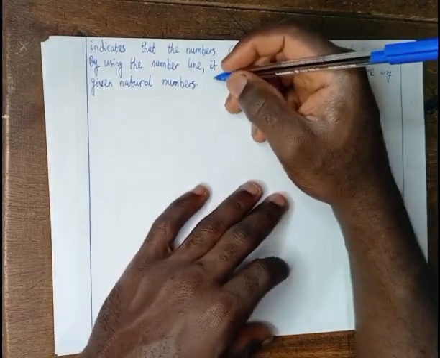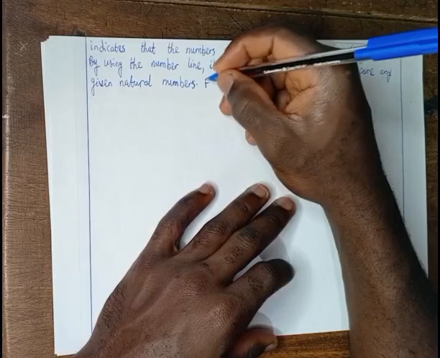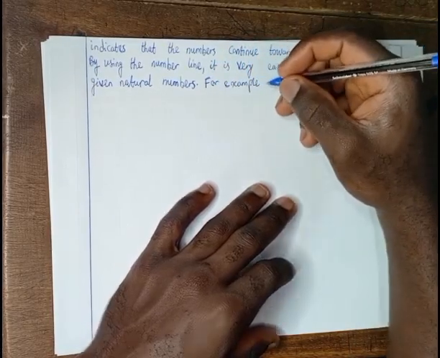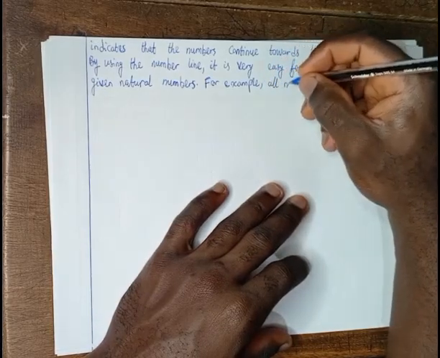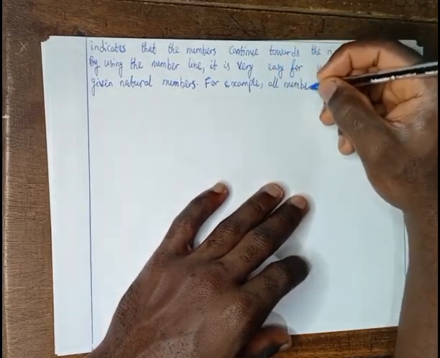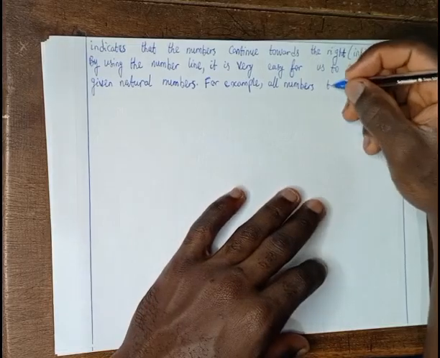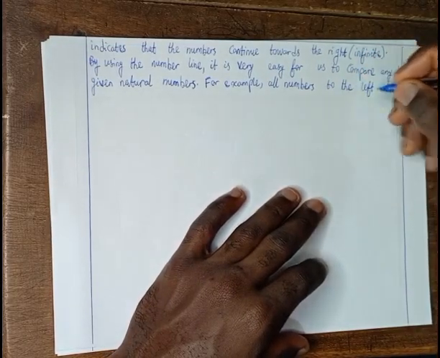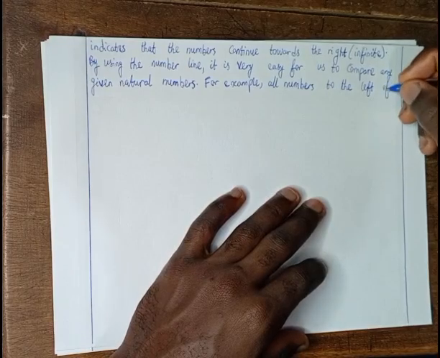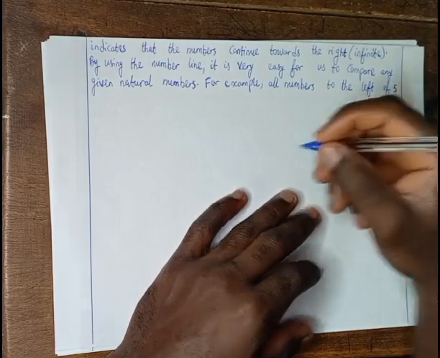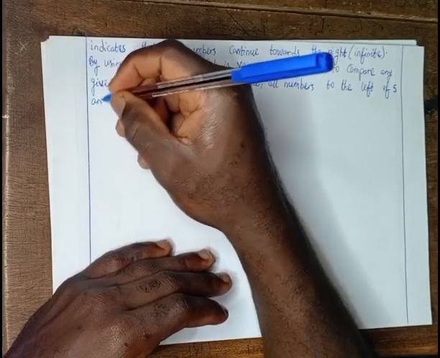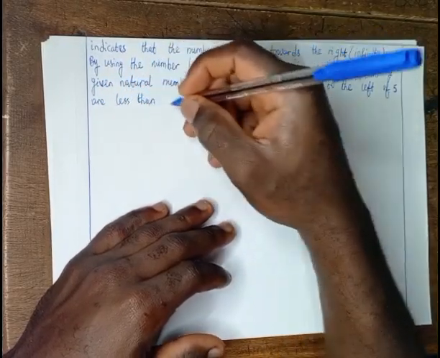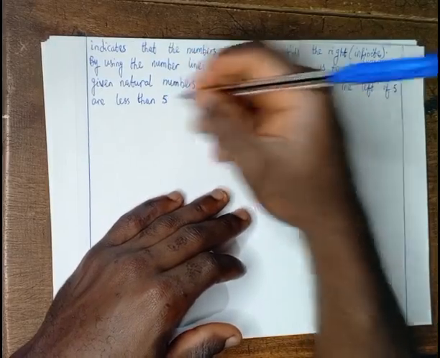Now let's take for example, all numbers to the left of 5 are less than 5.